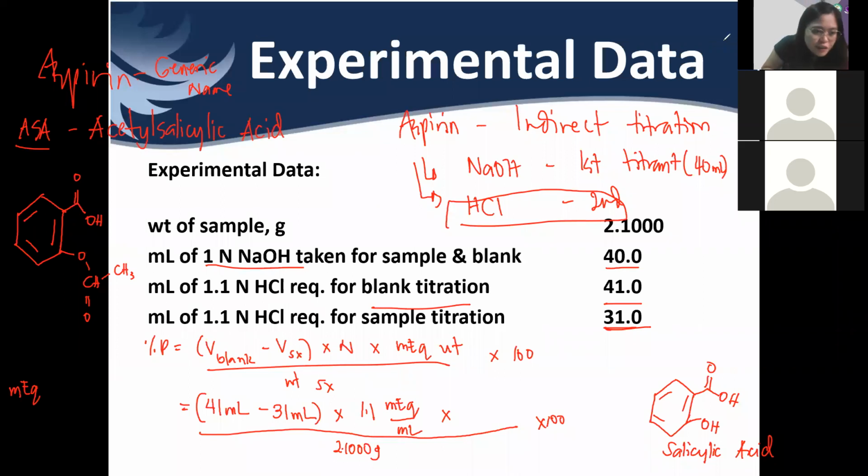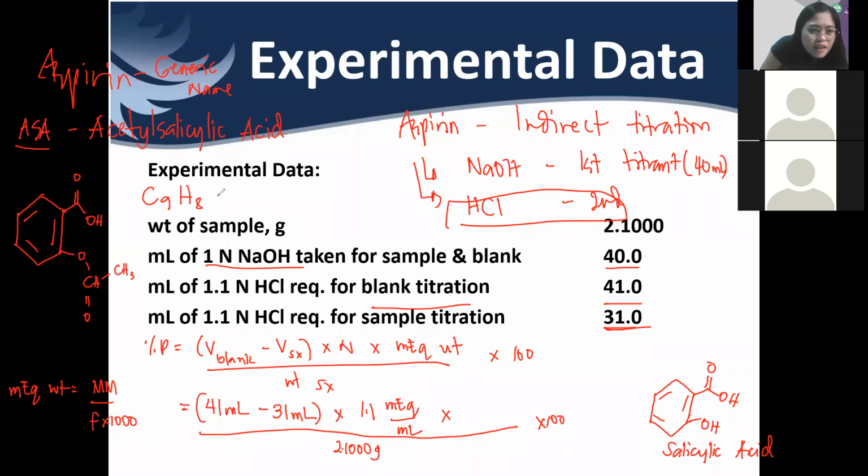Sige. So remember MEQ. Milli-equivalent weight is molar mass divided by F times 1,000. So I need the molar mass of the aspirin. And the molecular formula of aspirin is C9H8O4. I have one hydrogen here, 1, 2, 3, 4, 5, 8.